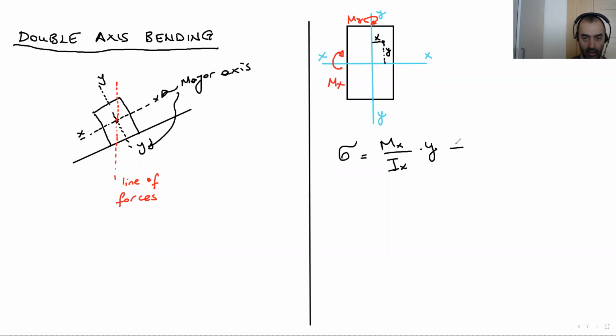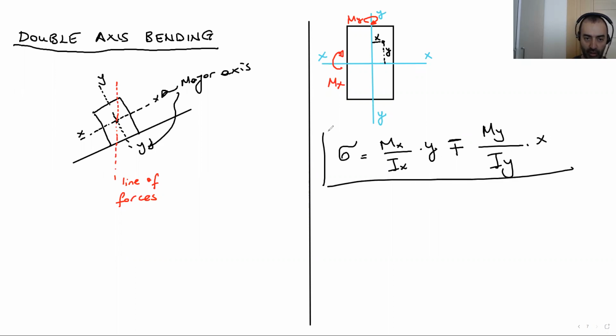My over Iy times x. We have to use this combination. As you can see here, we use plus and minus. We do both of them and consider which takes the maximum value. In the examples, we are going to see this.